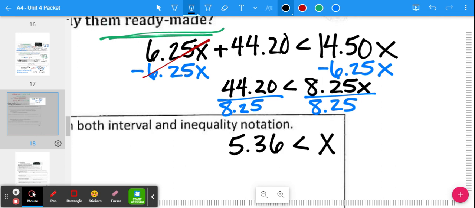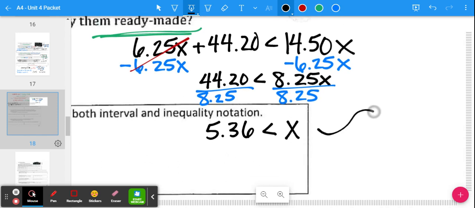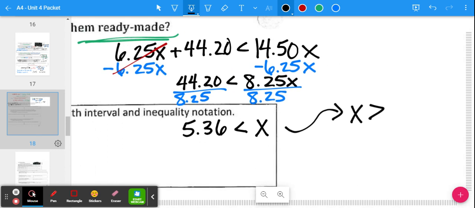So on this one, we have to figure out how we're going to round it. Another way you could write this, if you wanted to flip it around, is make sure that the inequality symbol is still open towards the x, not the 5.36. So x is larger than 5.36. We already said that whole numbers are what makes sense. So we have to use 6 as our rounded value because 6 is more than 5.36.